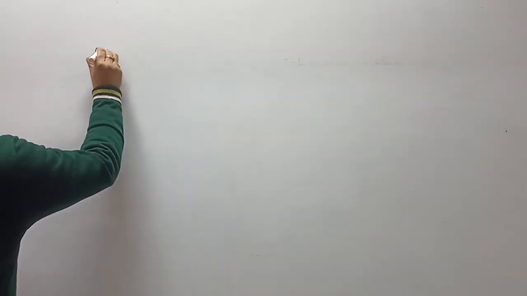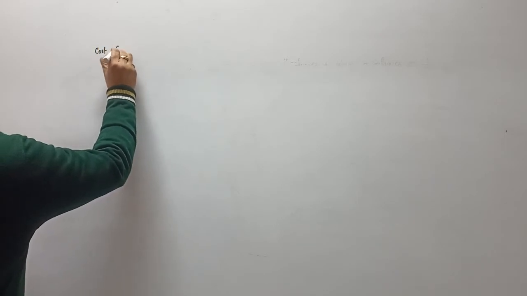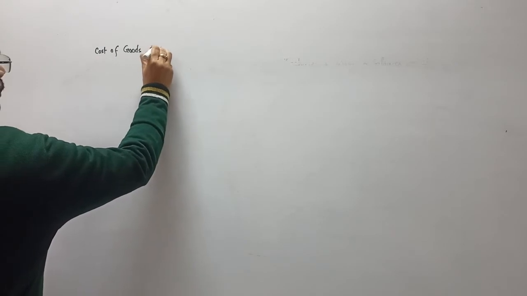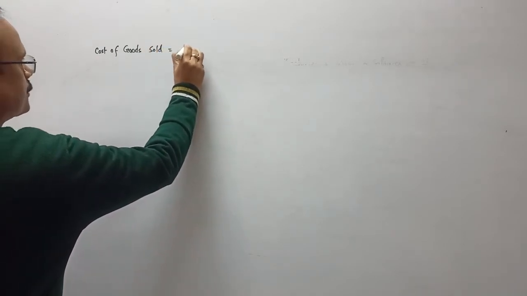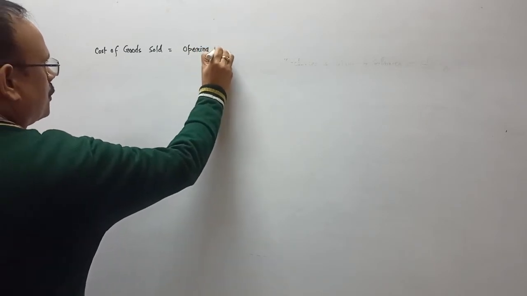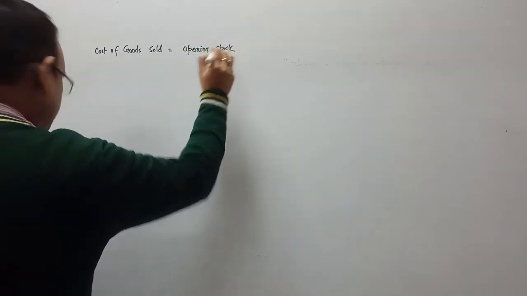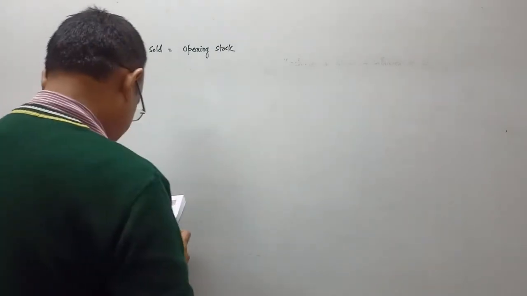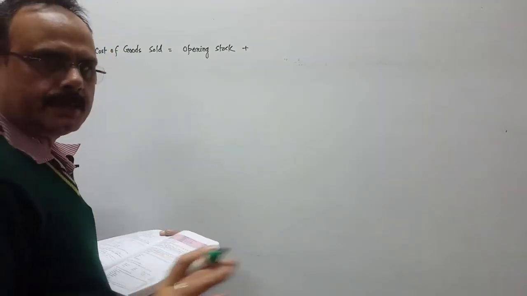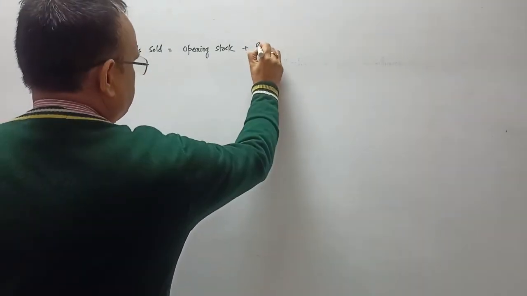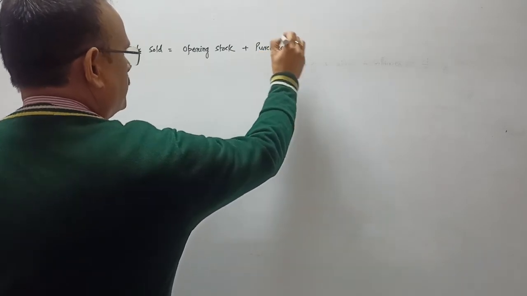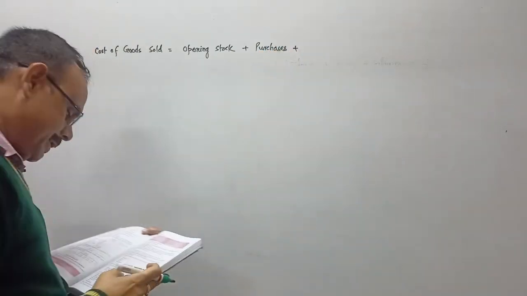Cost of goods sold is equal to opening stock, given in the question, plus purchase. There is no purchase return, so purchase plus direct expense.